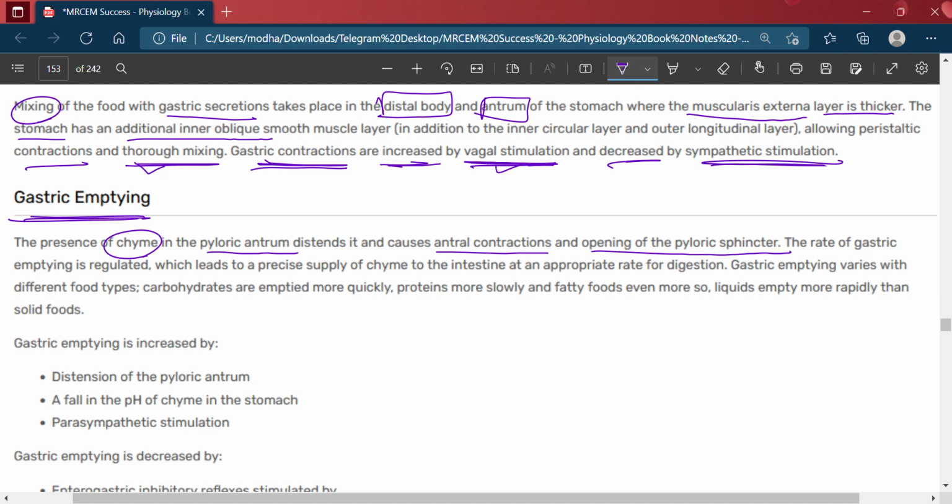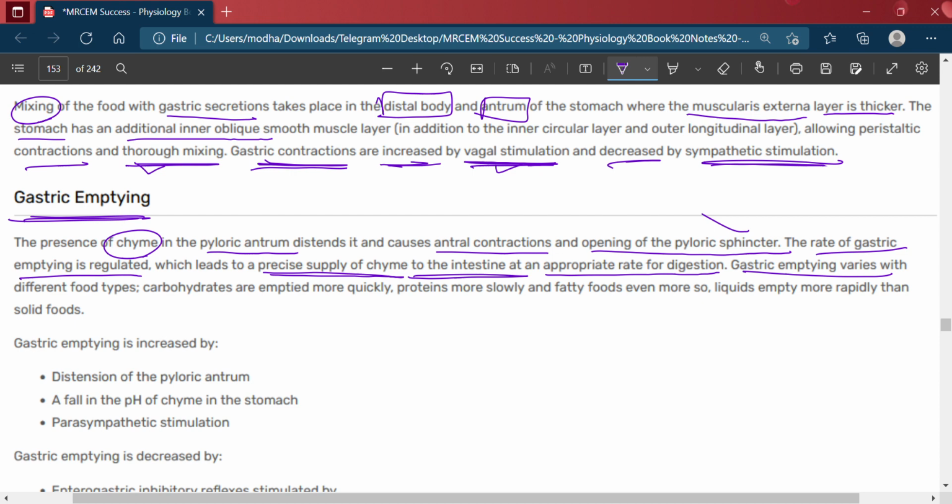The rate of gastric emptying is regulated, which leads to a precise supply of chyme to the intestine at an appropriate rate for digestion.